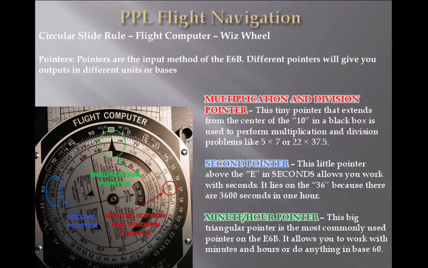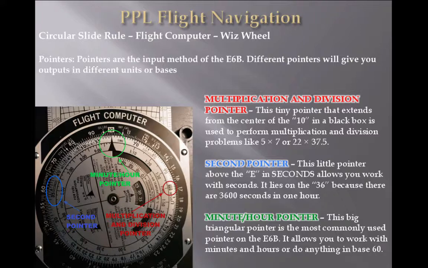So the multiplication and division pointer is the tiny pointer that extends from the center of the 10 on the inner scale, sort of silver 10 digits on a black background. It's quite obvious.